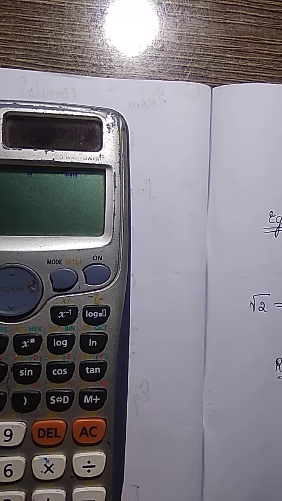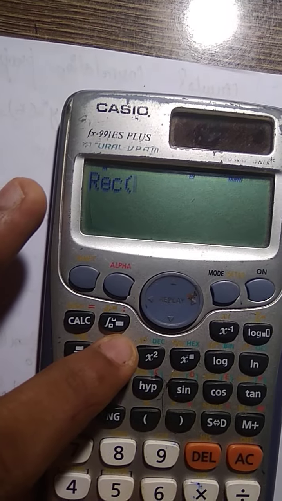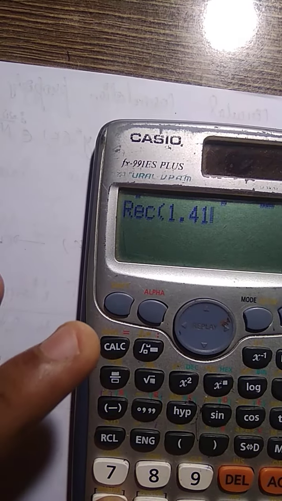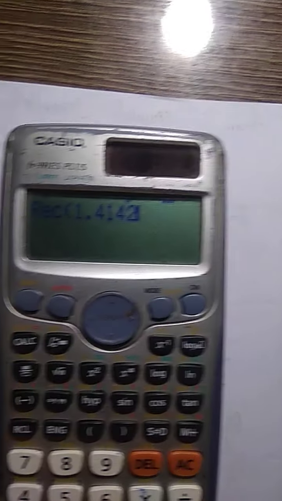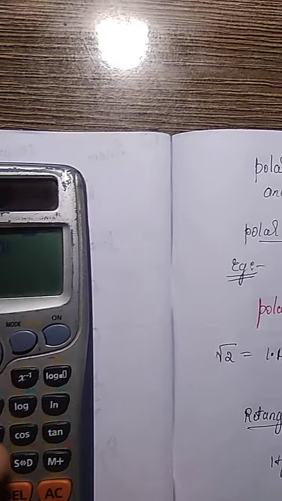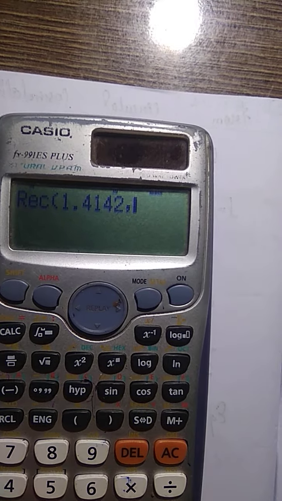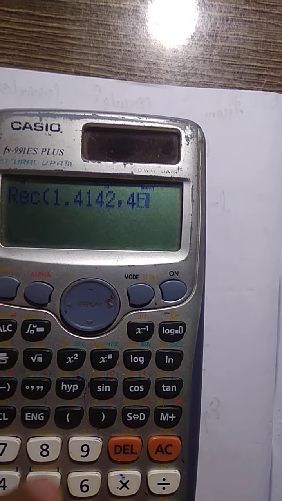You can get rectangular, and you place the polar coordinate values. Let's take 1.4142, comma, 45 degrees.